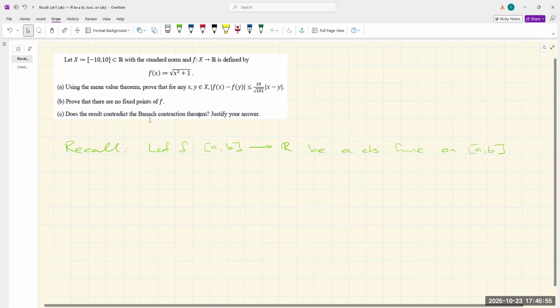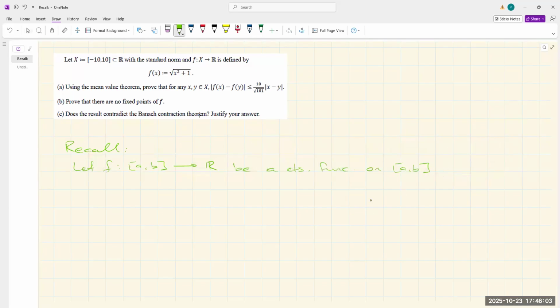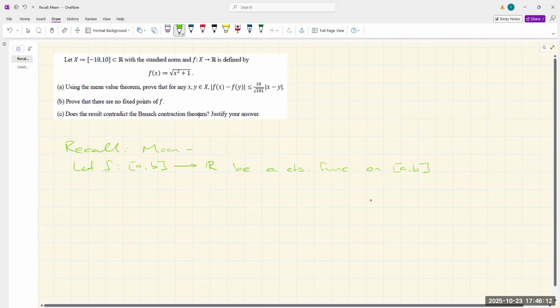Maybe I should have put what this is. So let me do that. Right, so we are recalling the mean value theorem. It's the same one you would have learned if you did a first year calculus course.